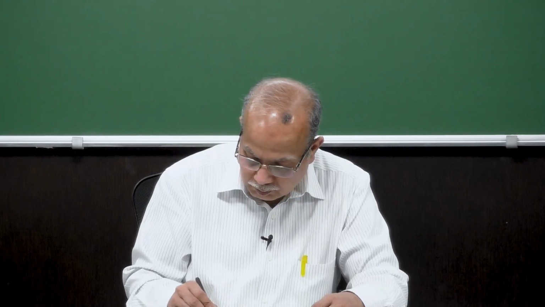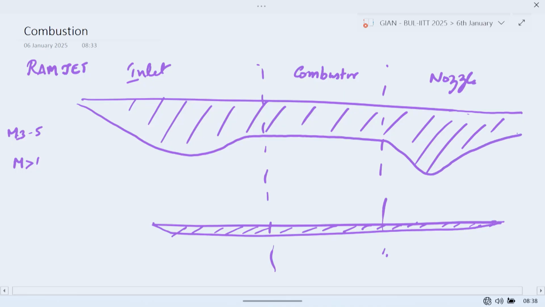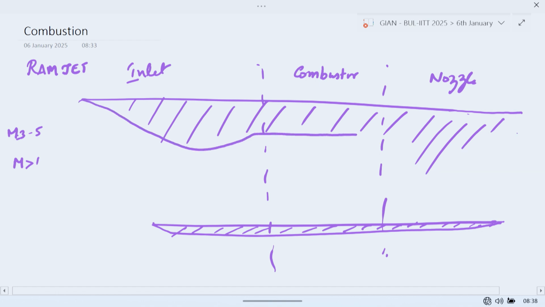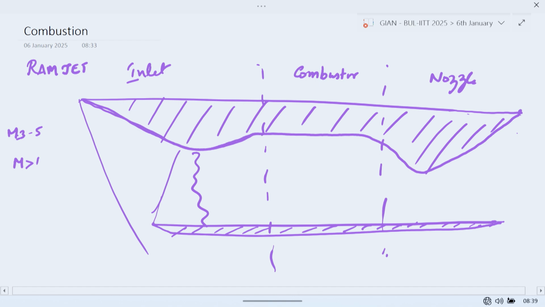We'll be having oblique shock waves, a number of shock interactions, and there will be a normal shock. So the inlet is of convergent-divergent geometry. We are not going to look at inlets here.